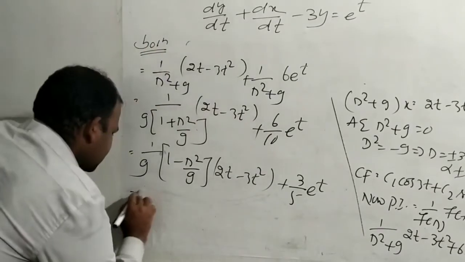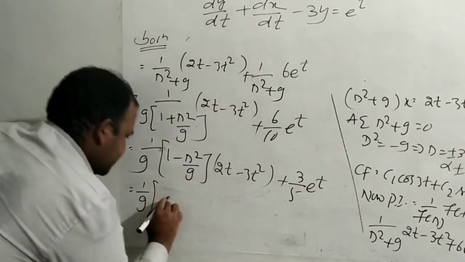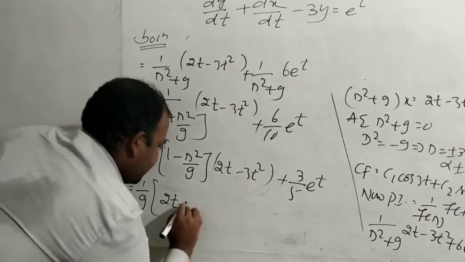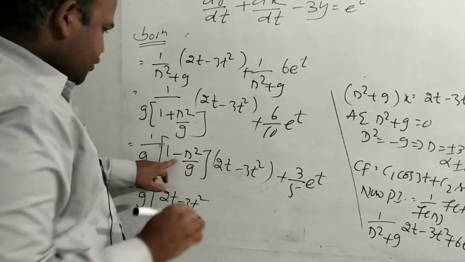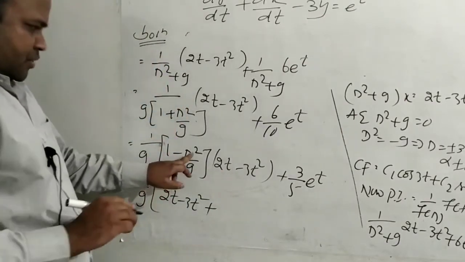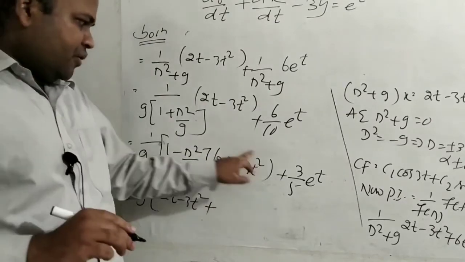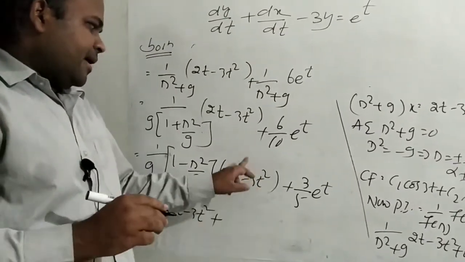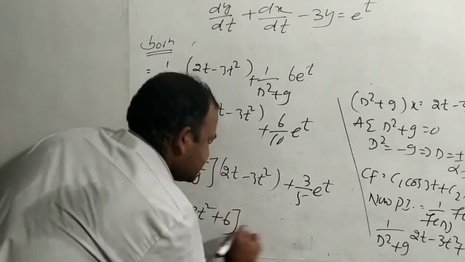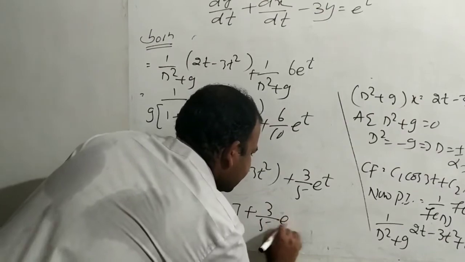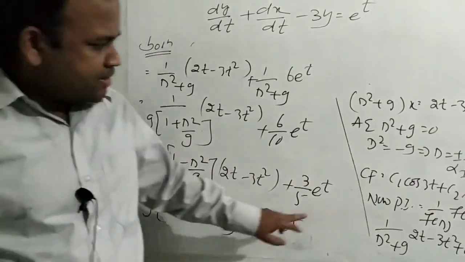Now this is 1 upon 9, multiply 1 into this. So this is 2t minus 3t square, and minus minus plus d square, the double derivative: the first derivative is 2 minus 6t, and again minus 6, so minus minus plus 6, plus 3 by 5 e raised to t. So this is the PI, and this is the CF.